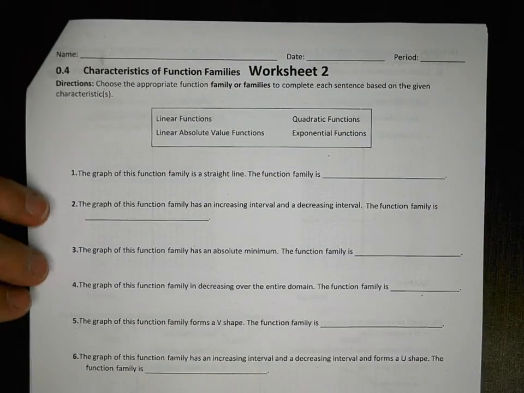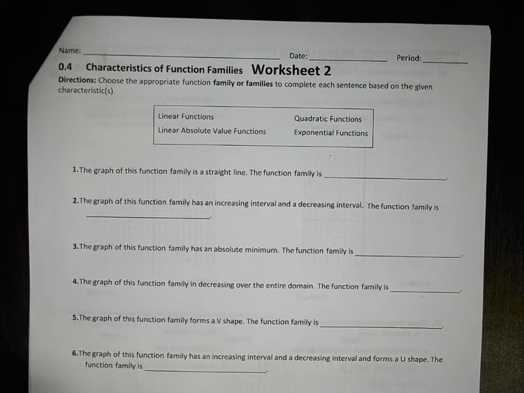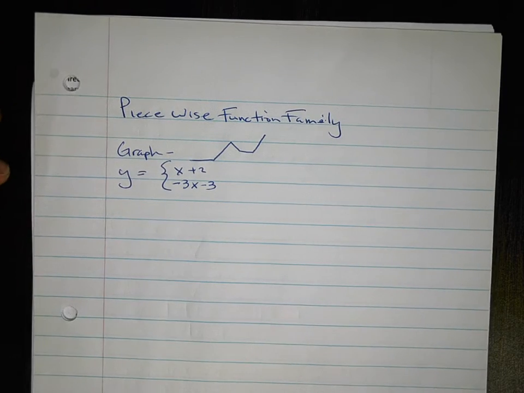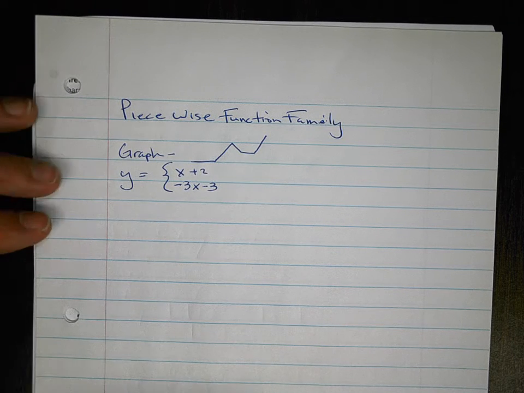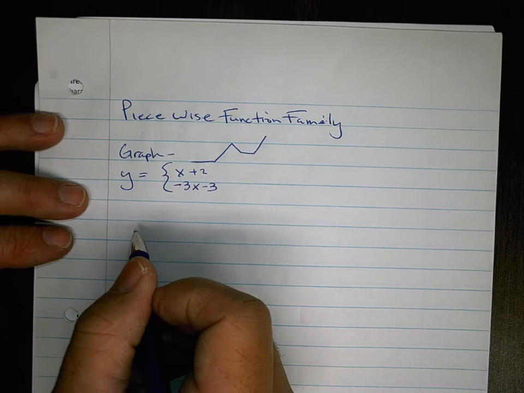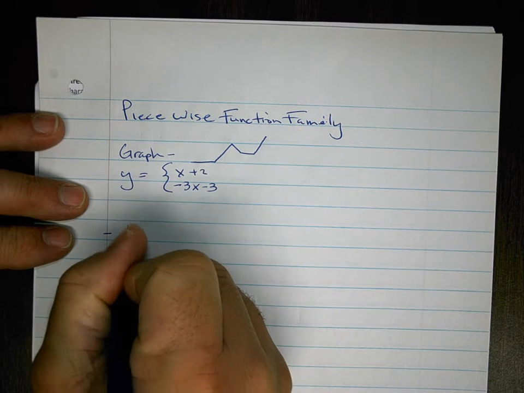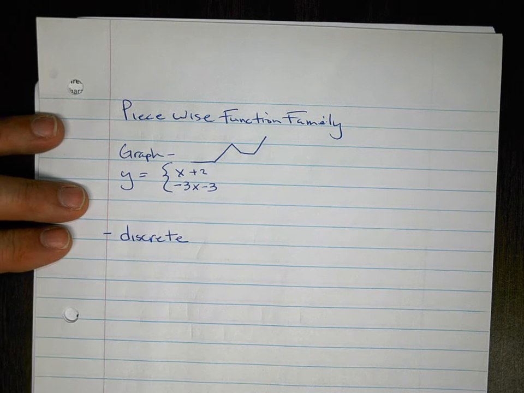All right, so there's some other characteristics we want you to learn about all graphs. So some of the other characteristics a graph can have. It can be, first of all, and we've talked about some of these already, a graph can be discrete. Do you remember what discrete graphs look like?